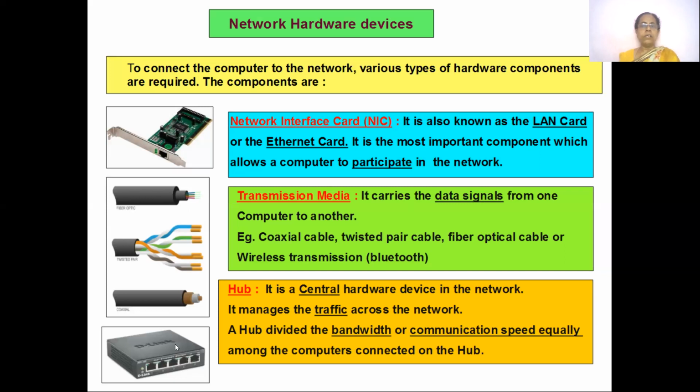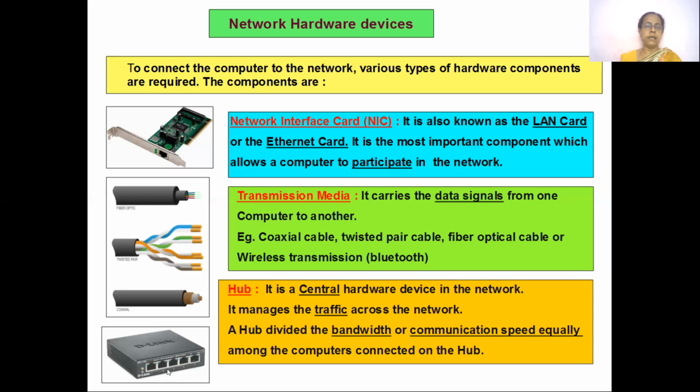The next important component required in the working of the network is the hub. The hub is a central device in the network. It manages the traffic that is moving in the network. The hub gives the same speed to all of them. So if the internet is passing through this, everyone gets it at the same speed.